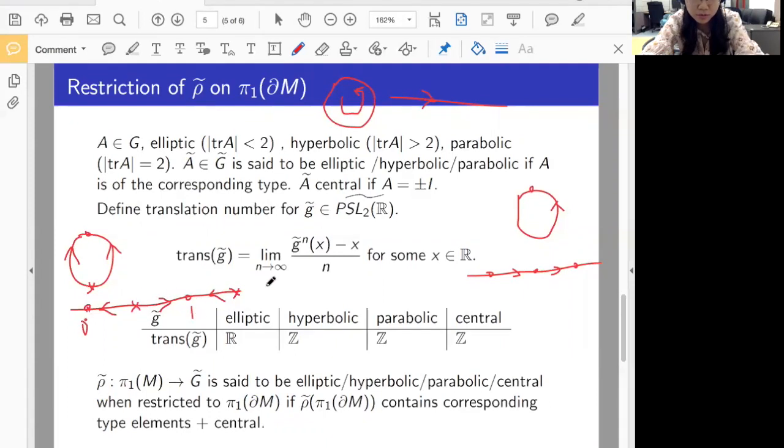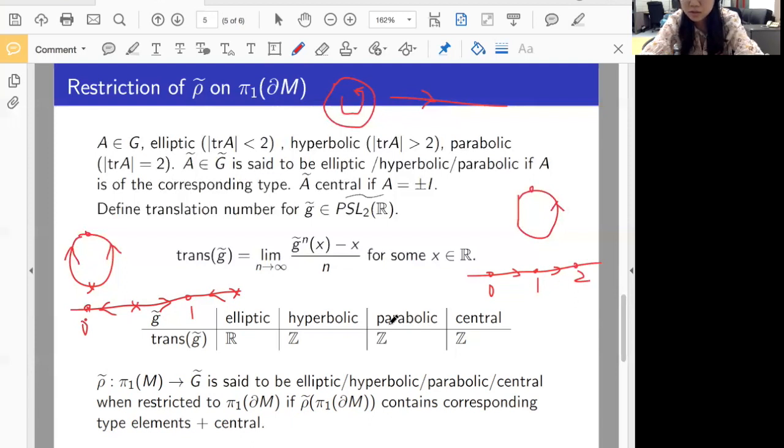So for hyperbolic elements, the translation number can only be integers, and it only measures how much these special points are moved. And if G tilde is parabolic, then it also only measures how much these special points are moved.